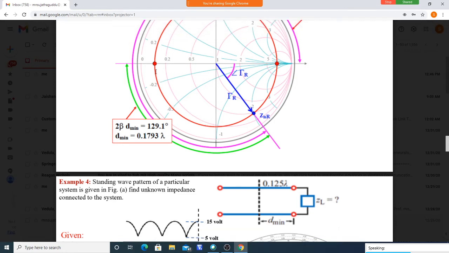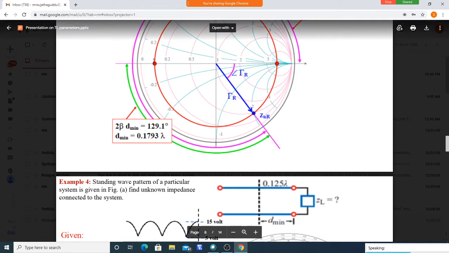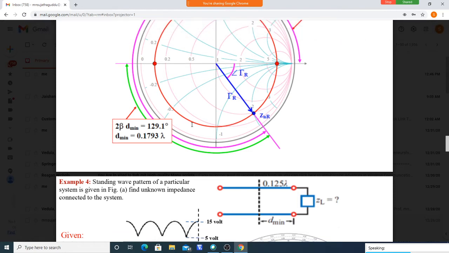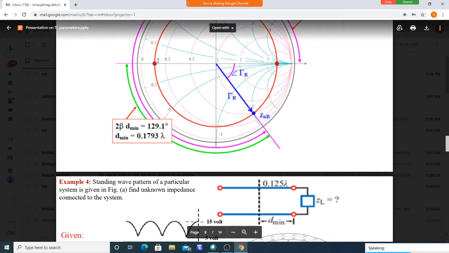There is no minima or maxima. But once you reach here, a minima always occurs. So once you start from the load, you should move only in the clockwise direction, and we observe we first come across the minima. We reached a minima position here.